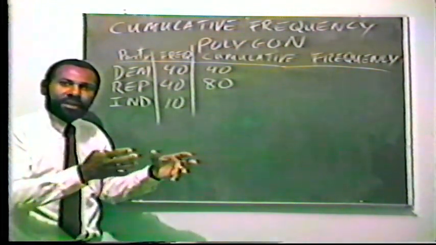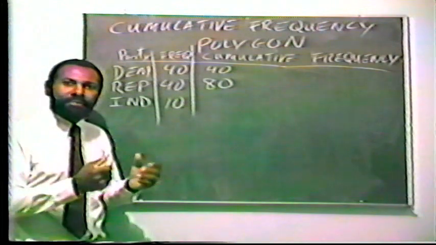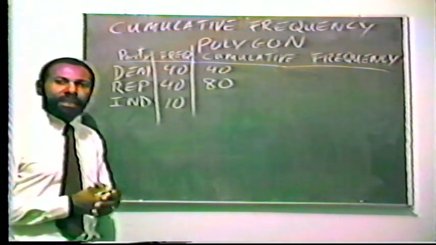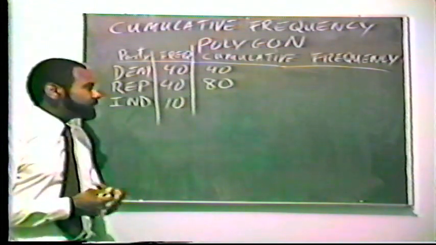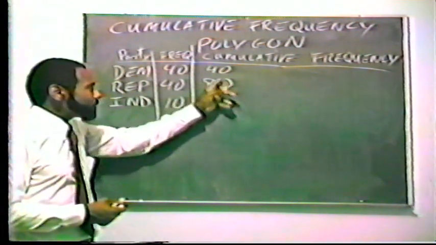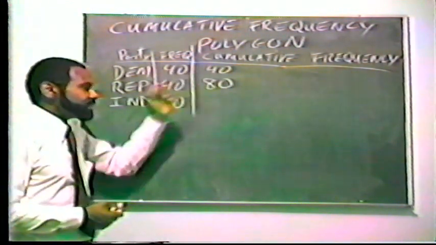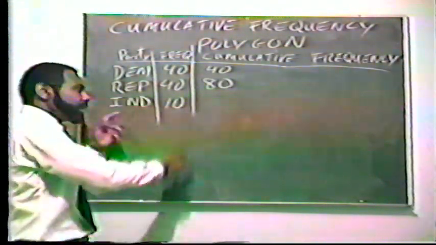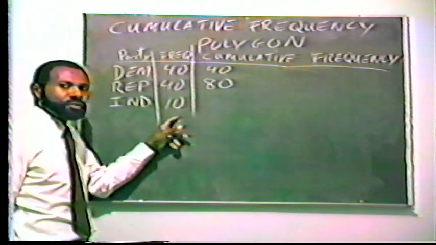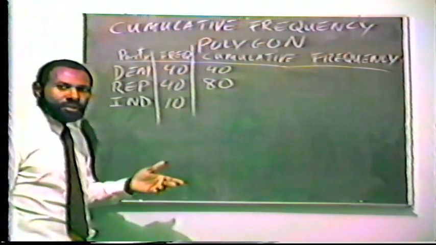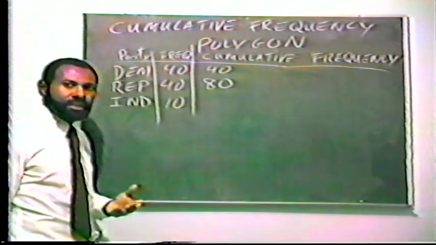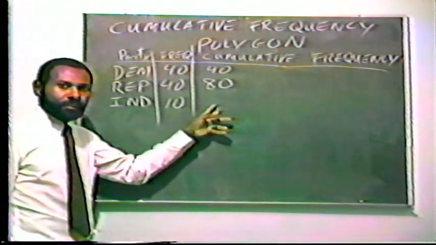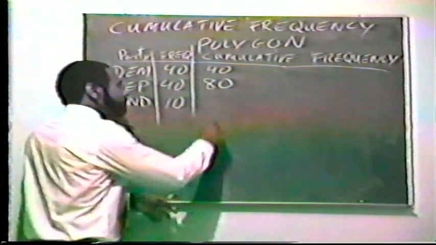Cumulative means combined, the combined or total frequency at a particular point. So at this point, the combined frequency or the total frequency is 80. We go to the next row, the Independents, we have 10 more individuals. So the combined or total frequency at this point would be what number? Right, it would be 90.